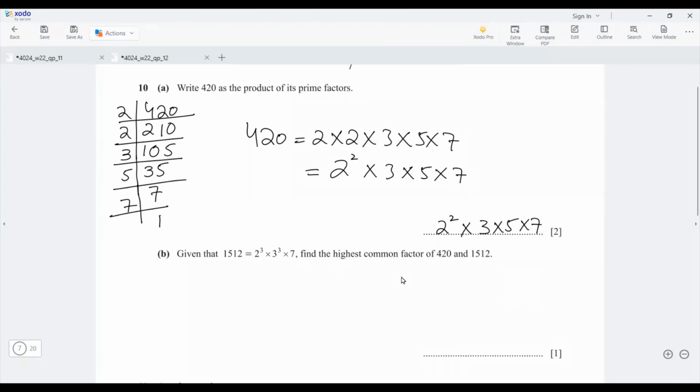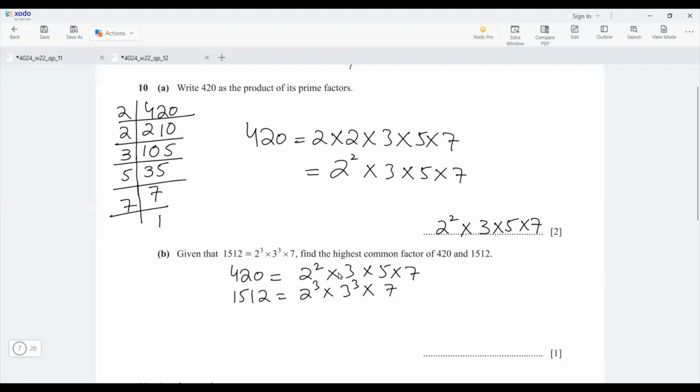How can we do it? Just look here. What's 420? We have done it in the previous part: 2 squared times 3 times 5 times 7. What about 1512? 1512 is written above: 2 cube times 3 cube times 7.